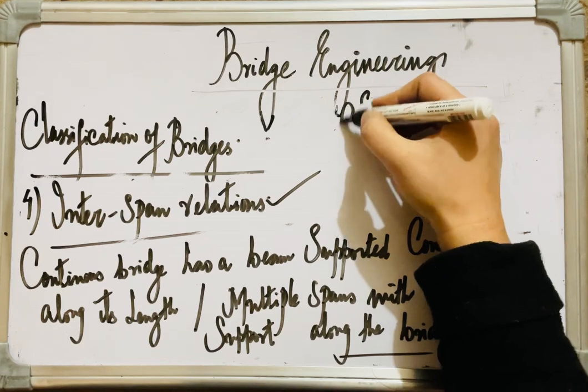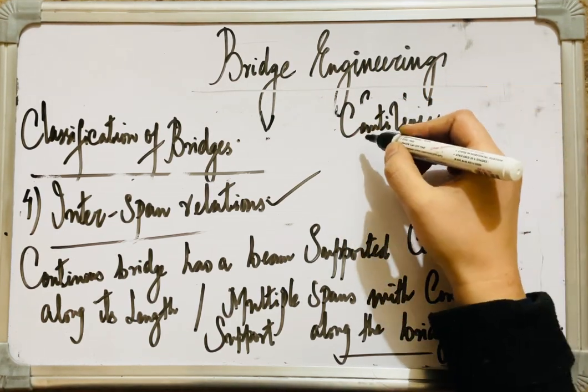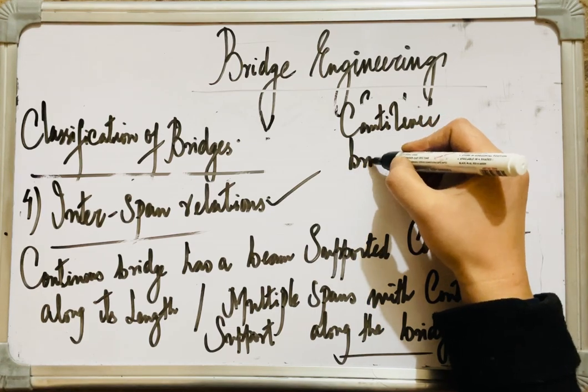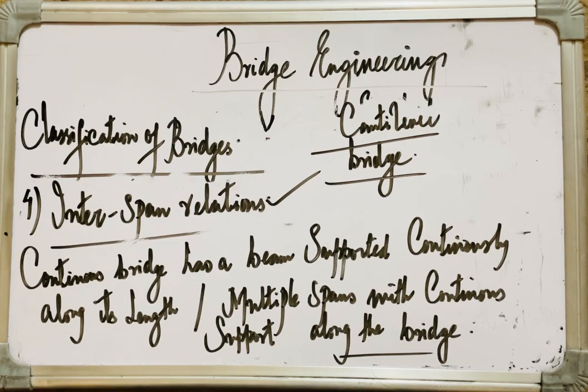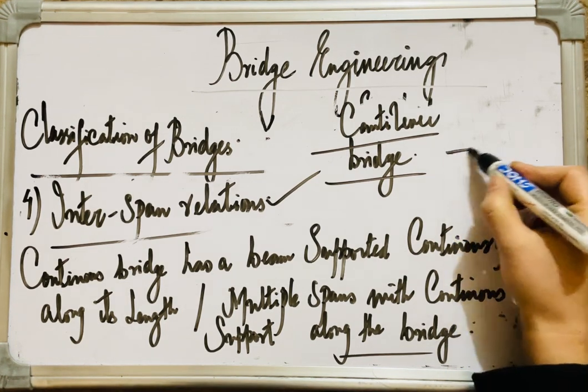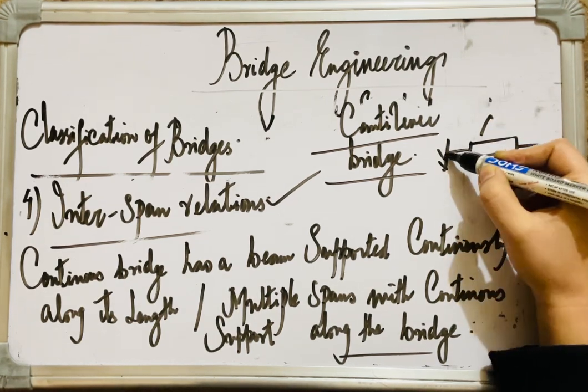Then we have cantilever bridge, wherein projecting beams known as cantilevers are used, and it essentially has three spans. Two outer spans are known as anchor spans, and the central span is known as the suspended span.